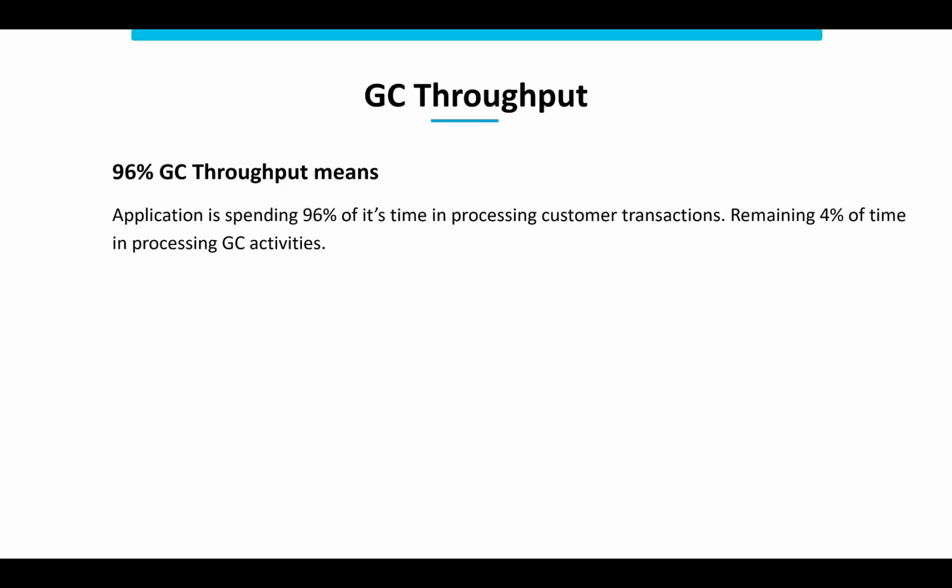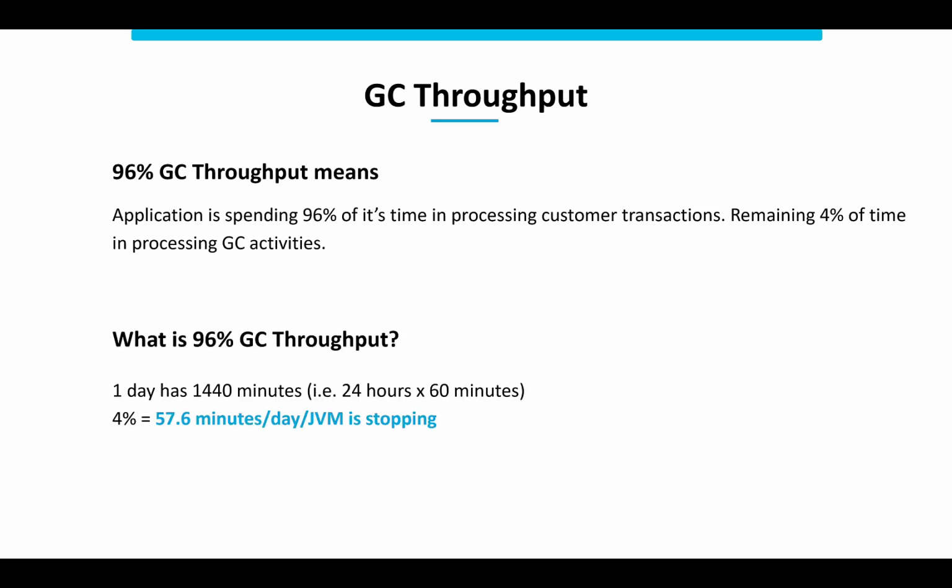But let's look at it in actual time. One day has 1,440 minutes, because 24 hours multiplied by 60 minutes. What is 4% of 1,440 minutes? It is nothing but 57.6 minutes per day per JVM.